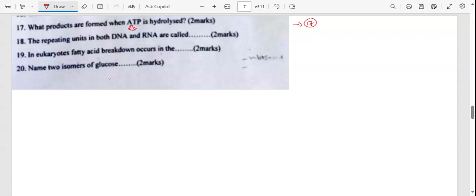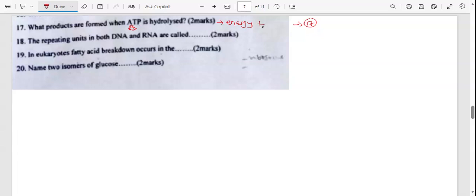Not everything will be explained. Next time they'll ask what ATP stands for. So whenever you see a new word in your answering or in your notes, Google that word, please. The question says, what products are formed when ATP is hydrolyzed? In short, we work on this ATP. What are we going to form? One of the products will be energy for cells.